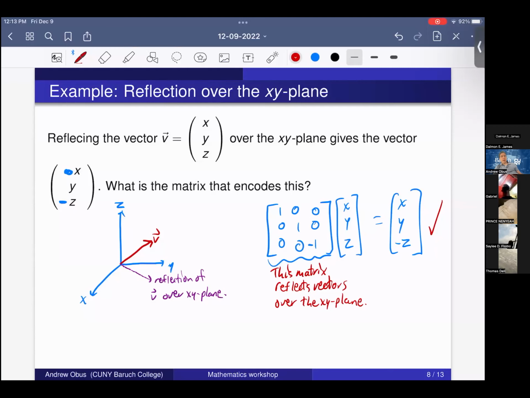Okay. And on the homework, you can do something similar for how do you reflect over the xz plane and how do you reflect over the yz plane. Okay, questions on this example? It's maybe a little easier than the previous example.